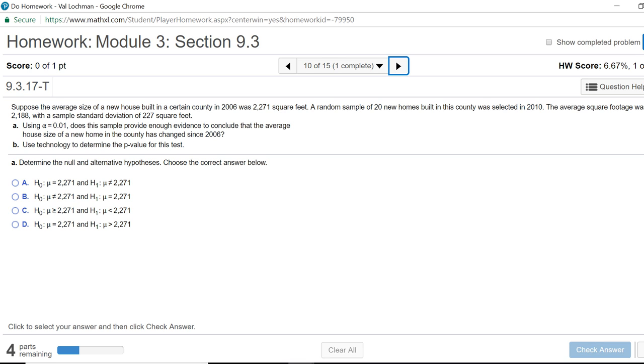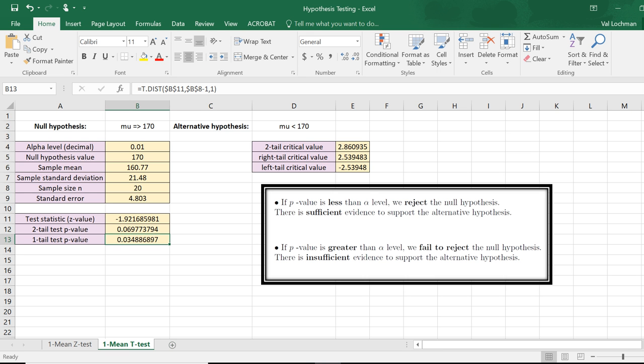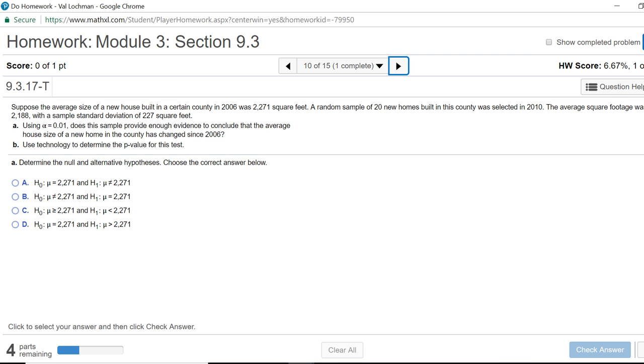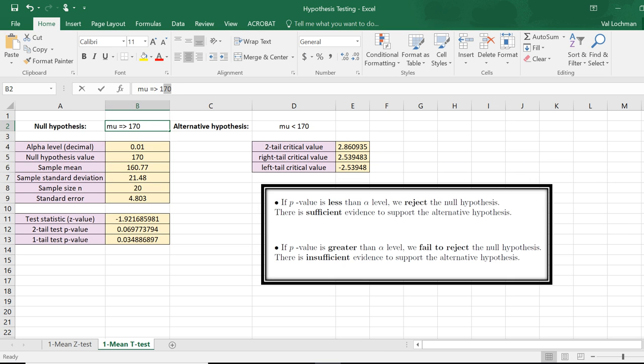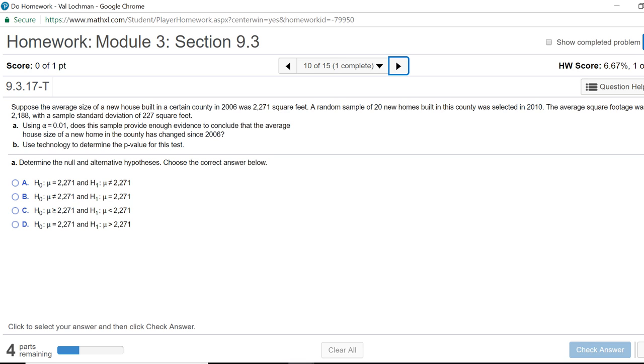What we're going to do is go to our Excel file and go to the one mean t-test tab. Let's make sense out of this problem first. The null hypothesis will say that the mean is 2271. So right now I'm just going to say mu is 2271 here. And the alternative hypothesis, let's see, what is the question?